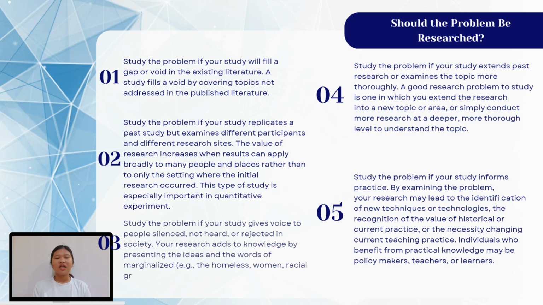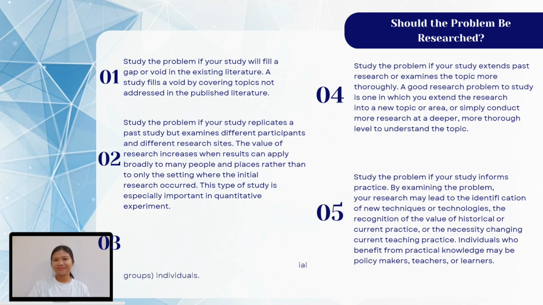For example, if previous studies about ethical climates focus mainly on students at mostly white colleges, they might not include the perspective of Native Americans. By doing a study that listens to and shares the voices of Native Americans on this topic, you're giving them a chance to be heard and adding their valuable perspective to the conversation. So, if your study can amplify the voices of those who are often silenced, it's definitely worth pursuing.